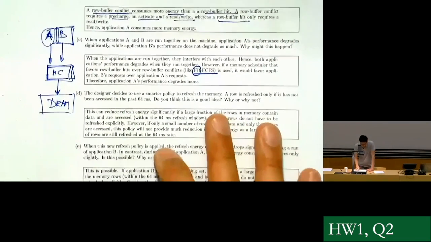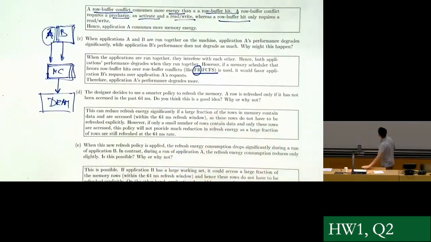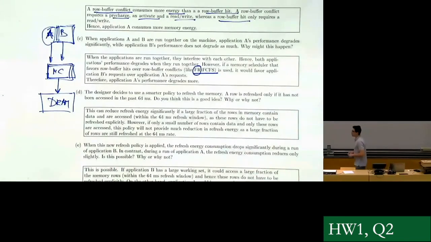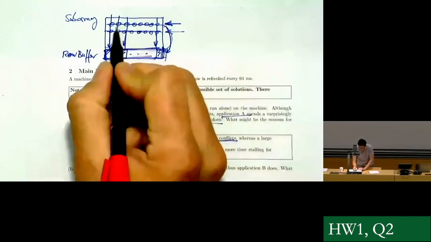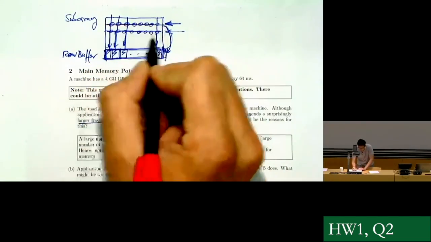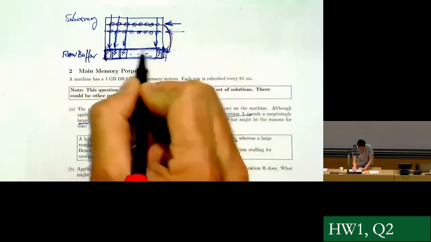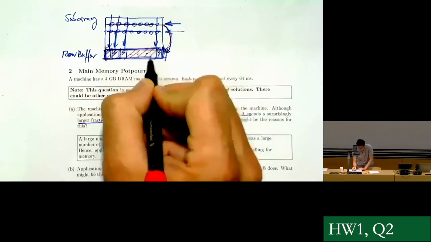Part D says the designer decides to use a smarter policy to refresh the memory. A row is refreshed only if it has not been accessed in the past 64 milliseconds. So why can the designer think about this possibility? Because if the row is open, this is the row that we are reading and it is already in the row buffer.